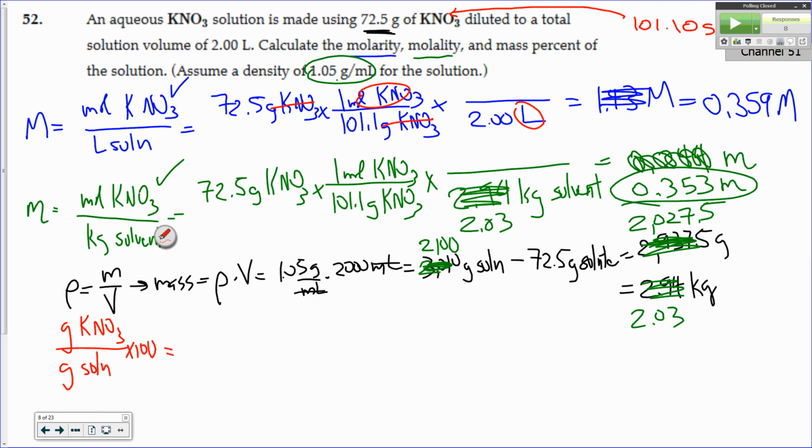We know most of these things from what we just did. So the grams of solute are the 72.5 grams of potassium nitrate divided by the grams of solution. We said the solution was 2,100 grams of solution from the density calculation. And then times 100 to get it as a percent.